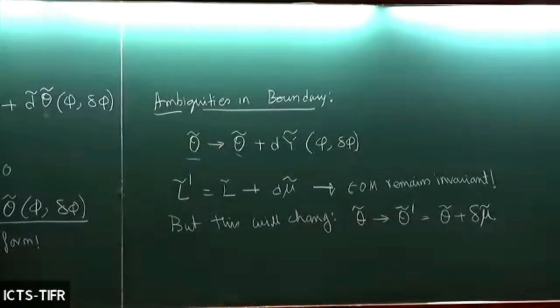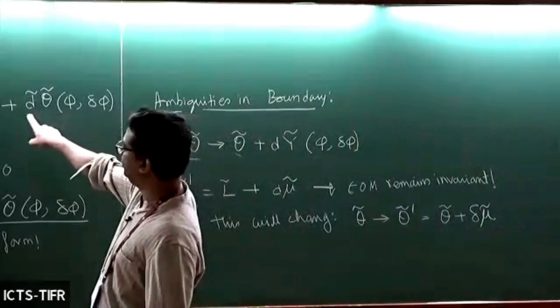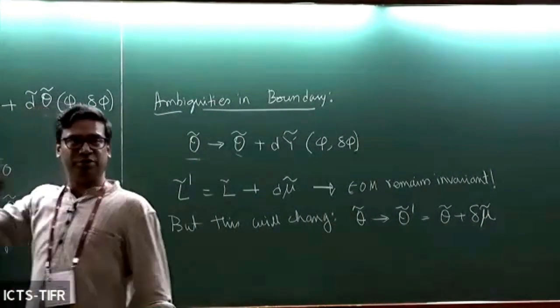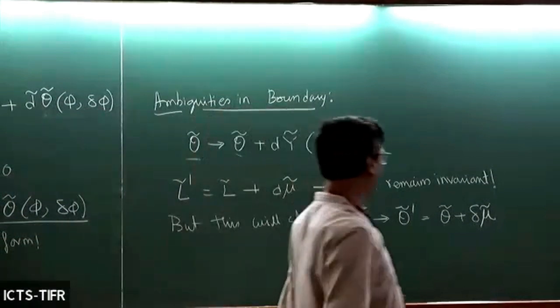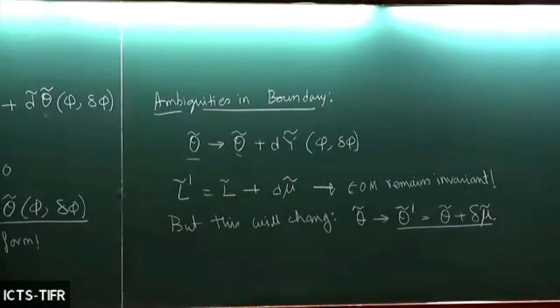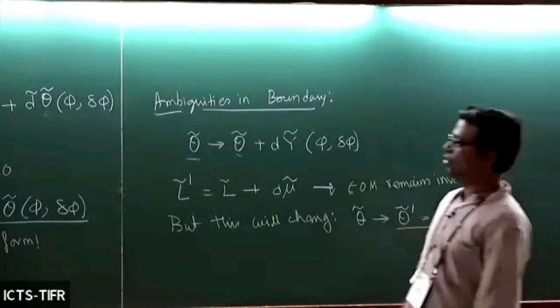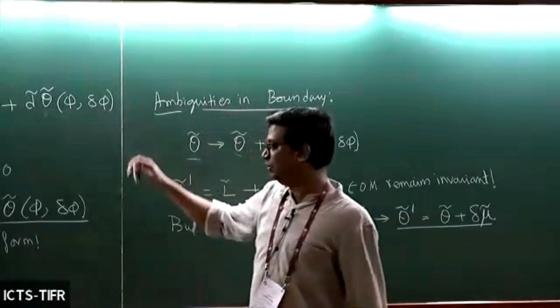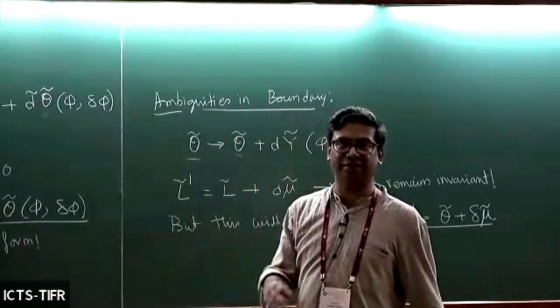You convince yourself that I can actually exchange. So if I put here d mu, I will have delta d mu. I exchange d and delta, and then theta changes to this. There is this ambiguity also. Good. So therefore, unlike the ordinary classical mechanics case, this theta form will have ambiguities.